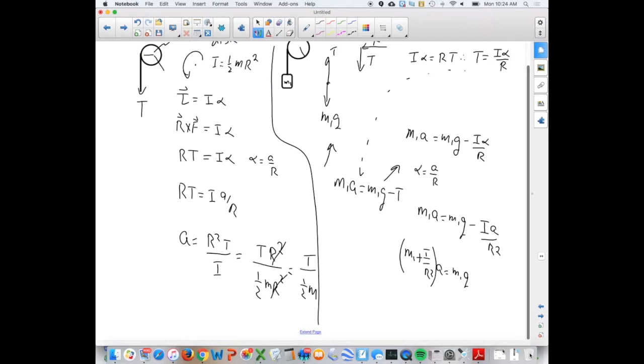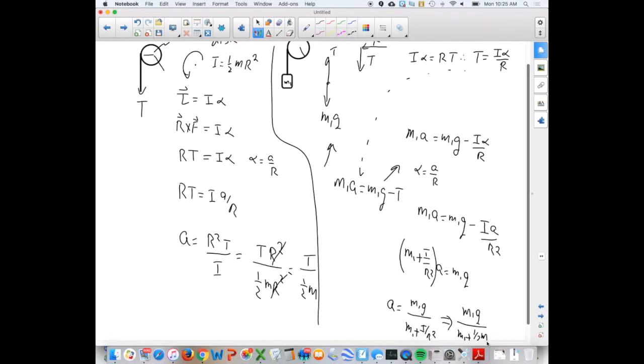And then the acceleration now is M1G over M1 plus I over R squared. If we substitute in I for a pulley, this just looks like M1G over M1 plus 1/2 mass of the pulley.